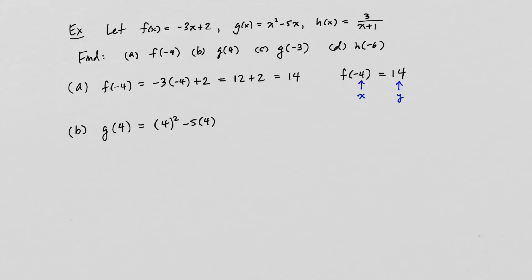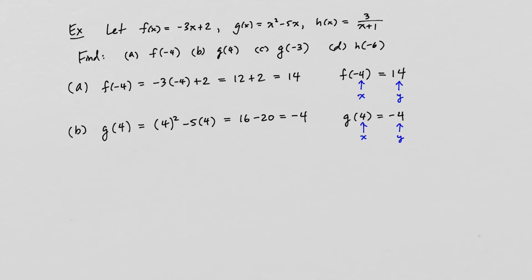So please understand what I'm doing is I'm taking x equals 4 and I'm plugging it into here and to here. And if we do the math on this, we get 16 minus 20, which is negative 4. So g of 4 is equal to negative 4. So on the function g, when x equals 4, y equals negative 4.